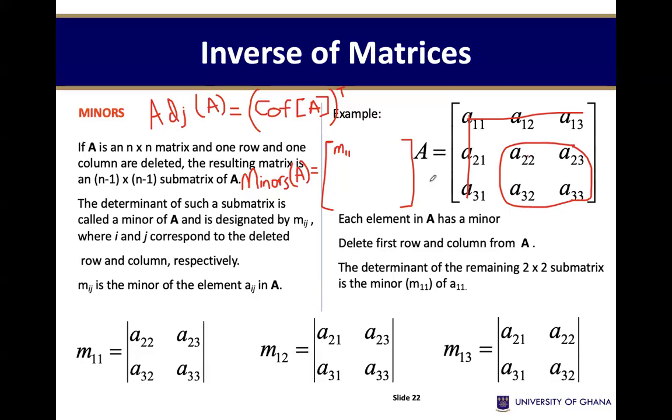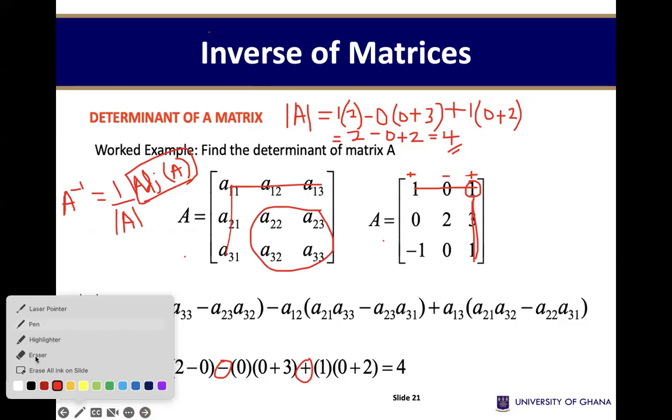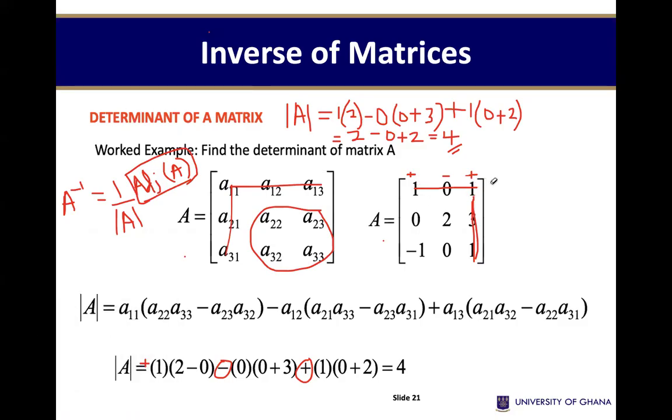Yes, sir. Okay, so like this, if you cross here, you're going to have this. Okay, and then that's the thing we're having here. Let me go back and use this example we're using. So I'll clean this one. This time around, forget about the plus and minus, okay?